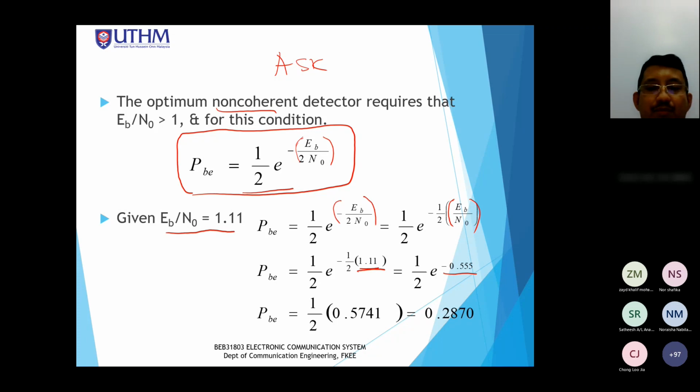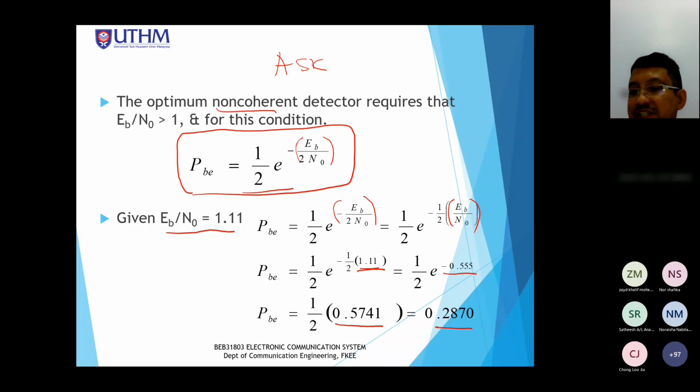I get 0.5741. Then multiplying by 1 over 2, you get the probability of bit error is 0.2870.